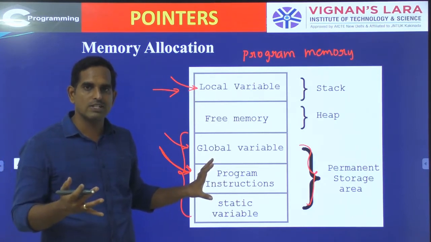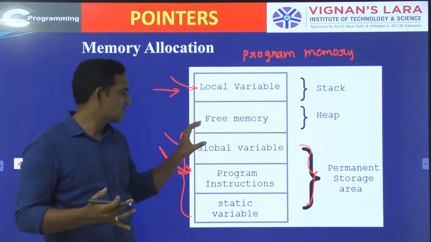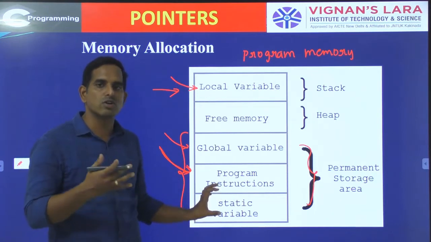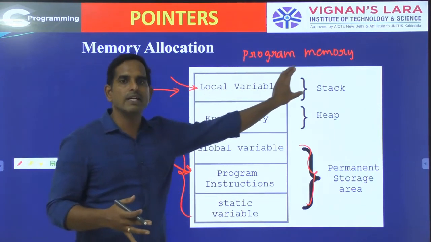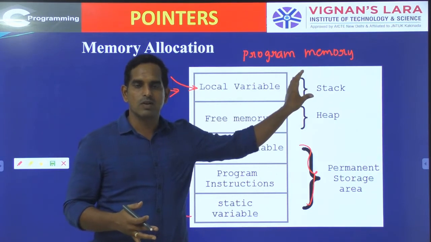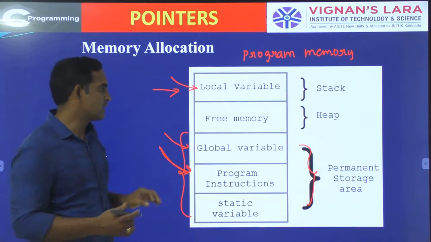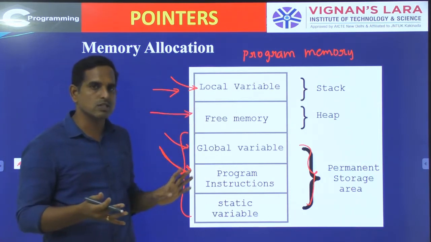While the compilation is happening, your program instructions will have their space, the global variables will have their space, the static variables also will have their space, and the local variables will be provided space in a stack. All these things will be done during the compilation time. And there is one free memory which you haven't been using so far.